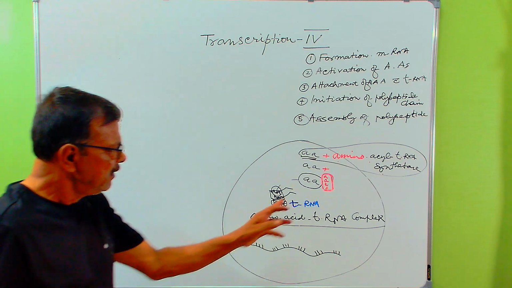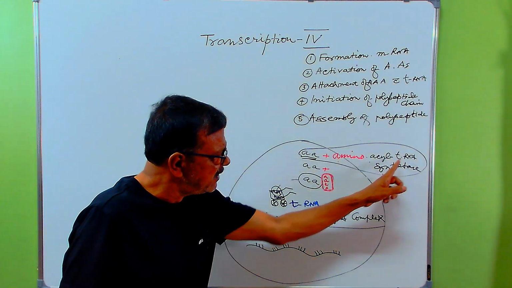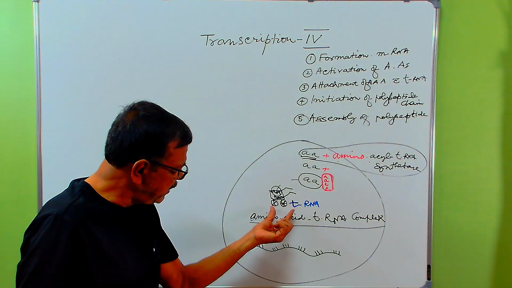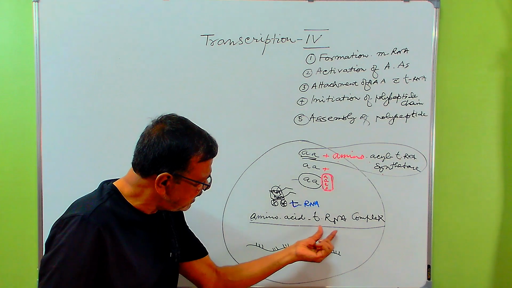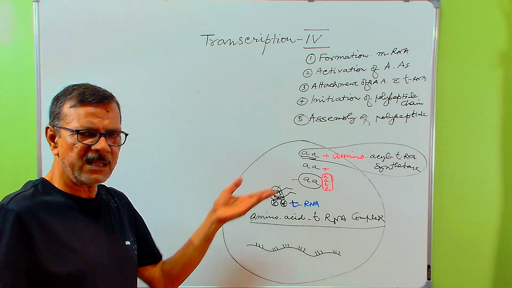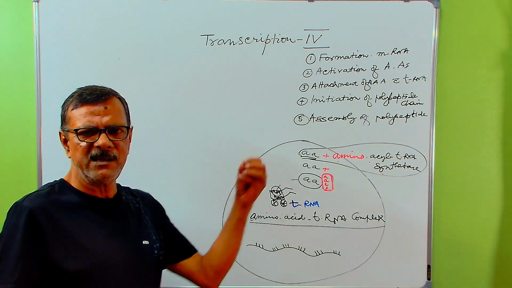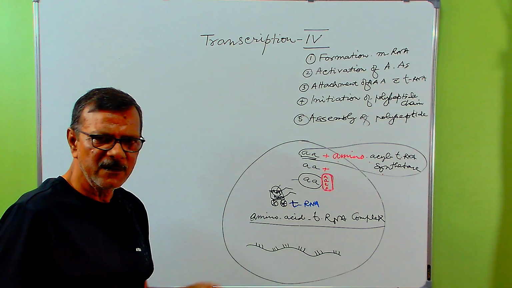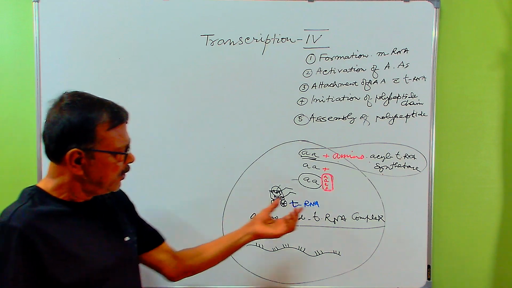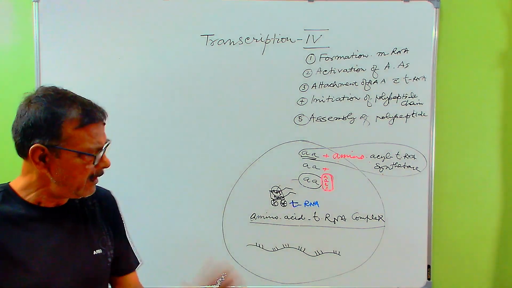So there should be a minimum of 20 amino acid tRNA synthetases, and 20 types of amino acid tRNA complex. One carries leucine, another lysine, valine, tryptophan, proline, glutamic acid, aspartic acid. So 20 different types of tRNA complex must be produced, 20 different amino acids to be activated, because we know there are 20 amino acids.